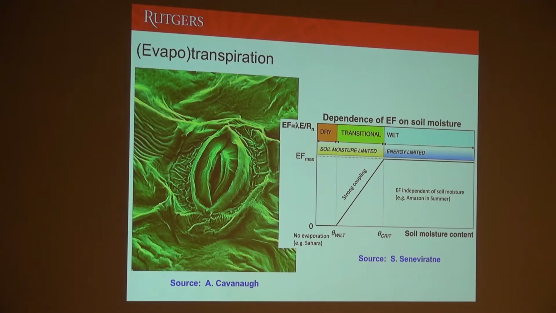Whereas on the high soil moisture side, there's plenty of water at the land surface to evaporate, but because of limited energy coming in from the sun, maybe because of clouds, the amount of evaporation is constrained by energetics. So it's interesting to think, in a land-atmosphere interactions context, about what implications these different regimes, dry, transitional, wet, or soil moisture limited or energy limited, have on how the interaction pathways work.